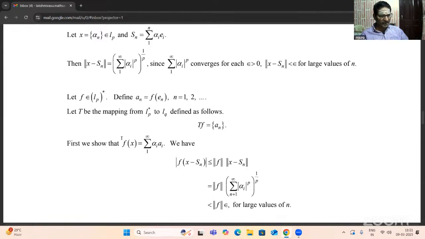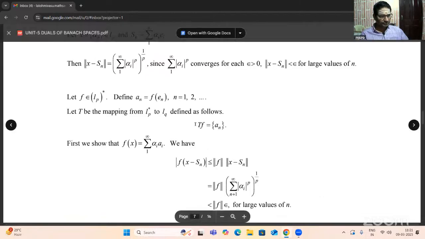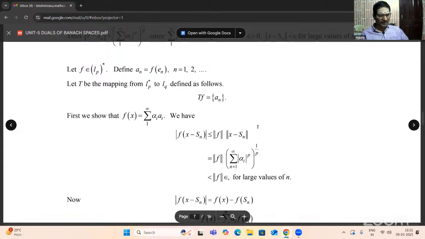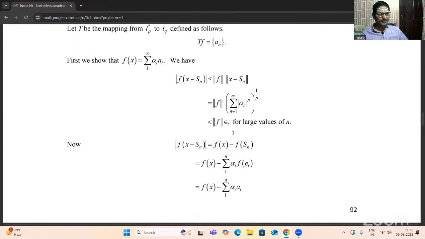So the absolute value of f of x minus Sn is less than or equal to norm f into epsilon, because this value is epsilon here. Just see and observe in the above expression: norm f into the summation of mod alpha i whole power p, whole power 1 by p, because p lies between 1 and infinity, is epsilon.